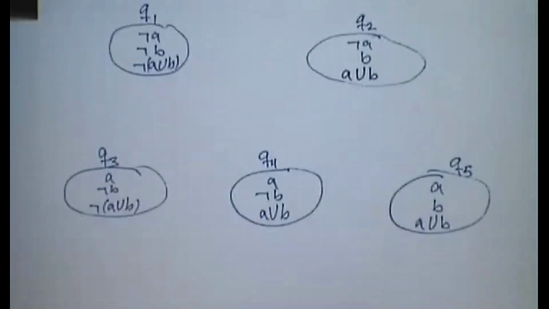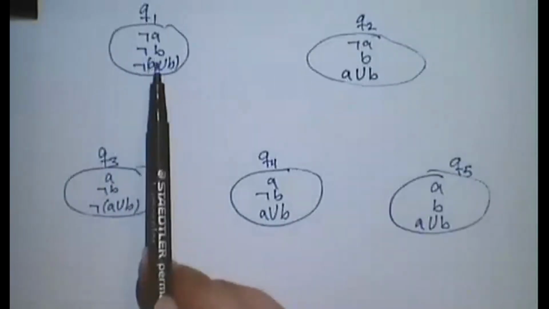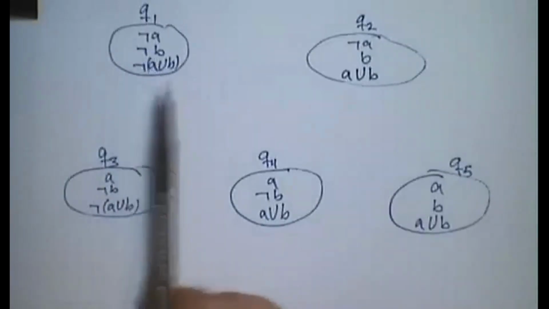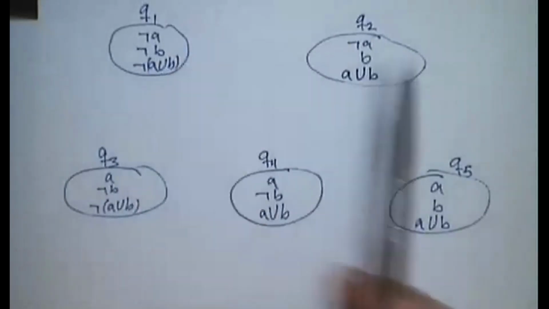What happens if I go, for example, from Q1 to Q2? Nothing bad really happens, right? Because the fact that I don't have A and I don't have B is enough for me to not have A until B. And then I can basically just go anywhere.